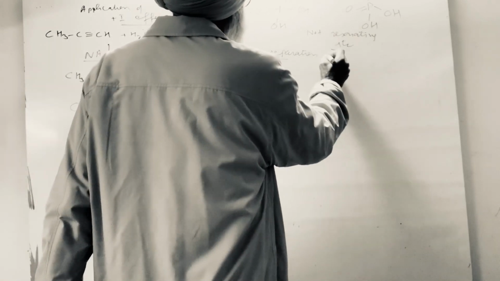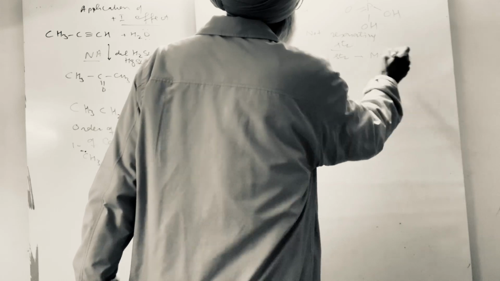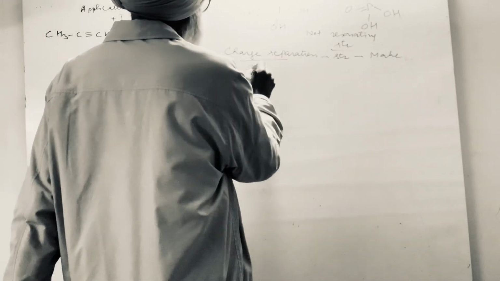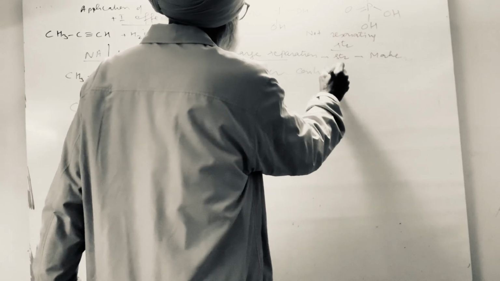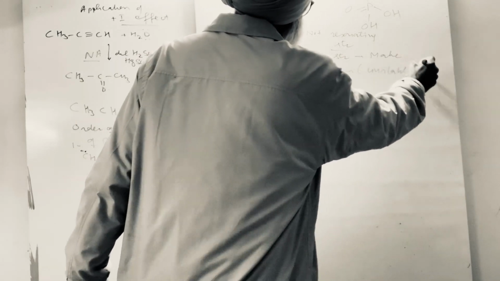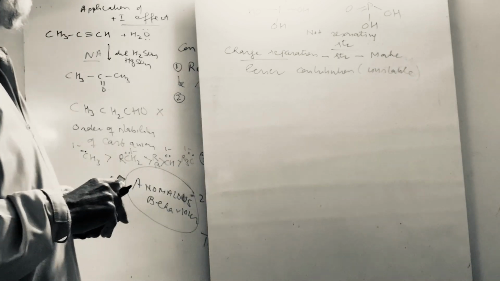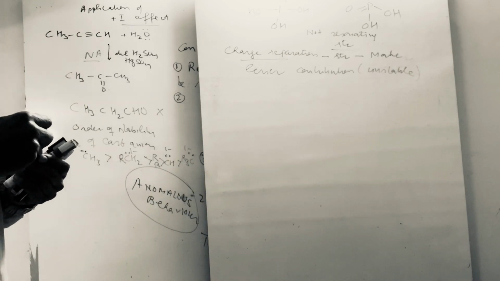Structures with charge separation make a lesser contribution, or are unstable. Charge separation will make the structure unstable.